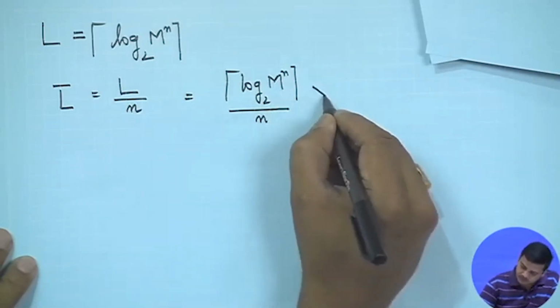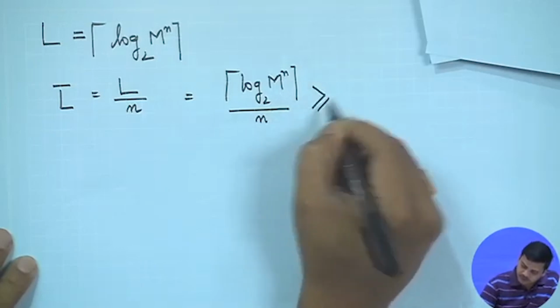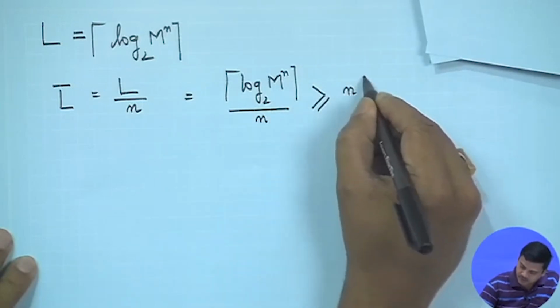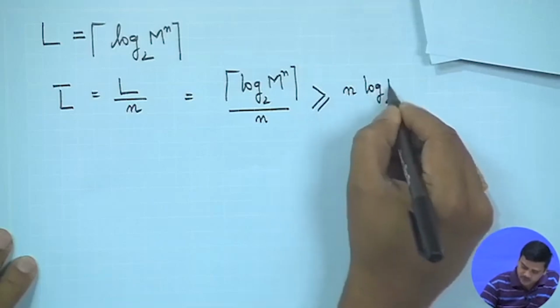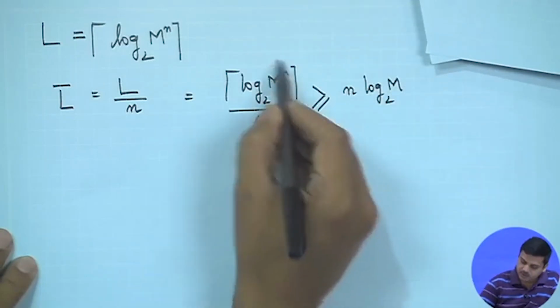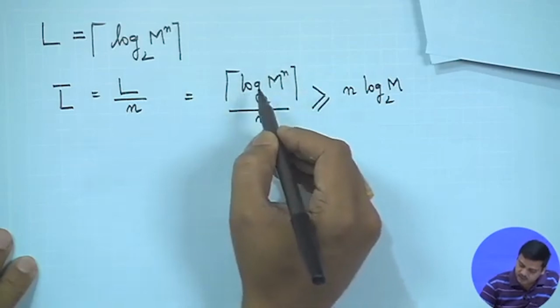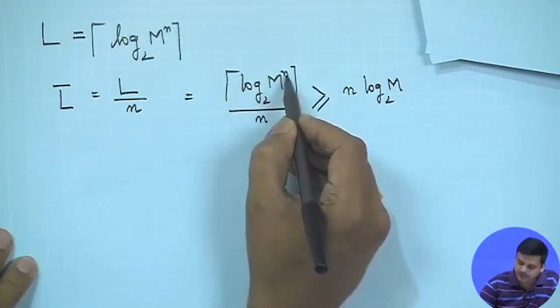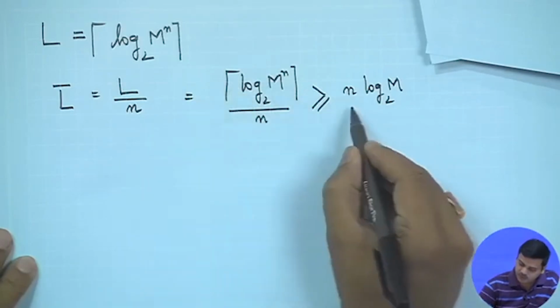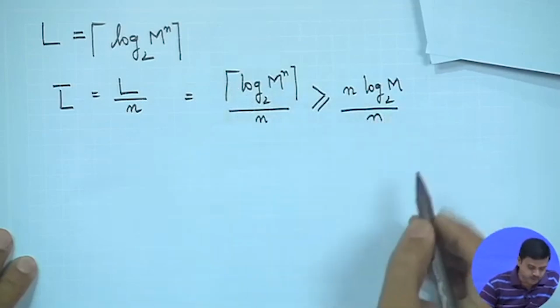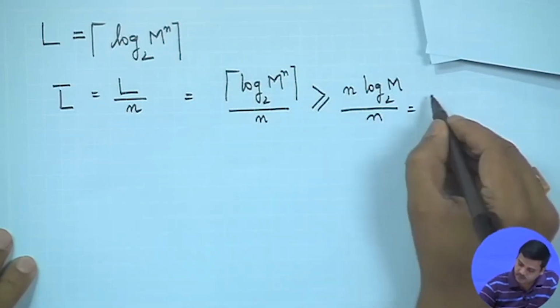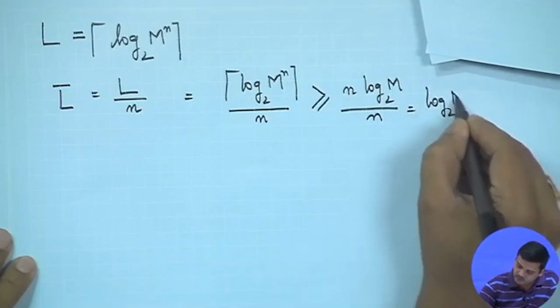This, of course, the numerator is greater than or equal to n log base 2 of m, because this whole number is greater than or equal to log base 2 of m to the power of n. So, that n comes out in the front, and then you have the denominator, and this particular term is equal to log base 2 of m.